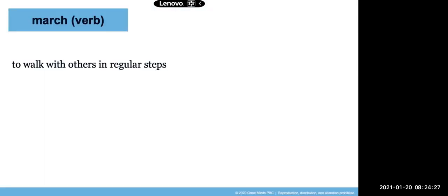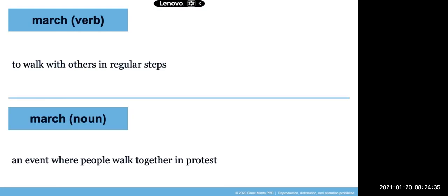When march is an action, it means to walk with others in regular steps. When march is a noun, it is an event where people walk together in protest, like the special March on Washington.